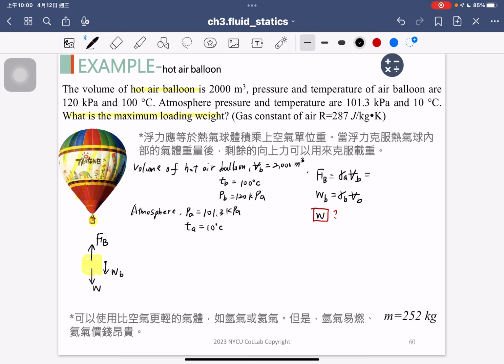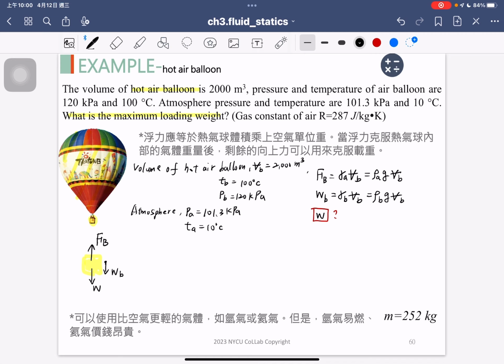If you remember, gamma is equal to rho g, the density multiplied by gravity, and multiplied by the total displaced volume. So gamma A is rho A g, and gamma B is rho B g, and the total volume. That's the key knowledge. We don't know the density of the air and the balloon air.